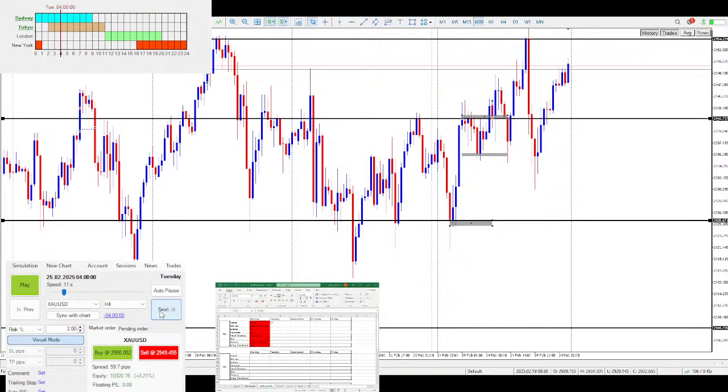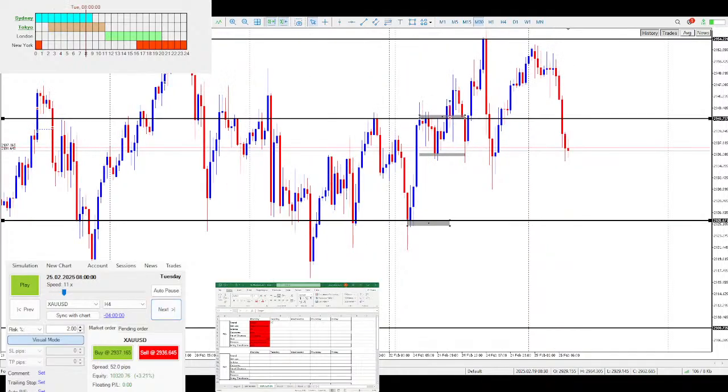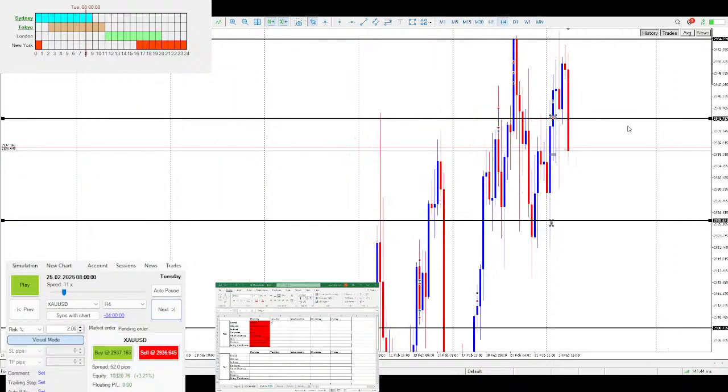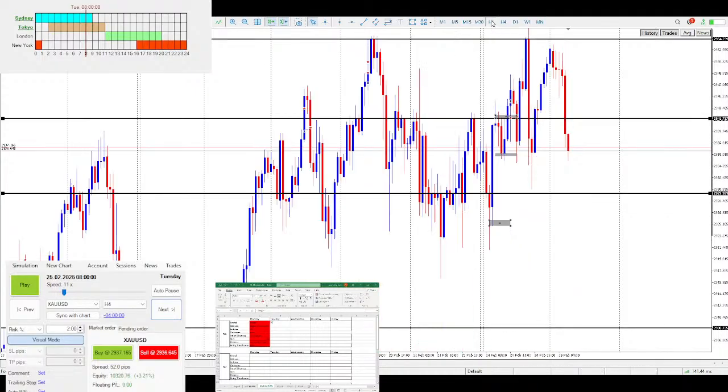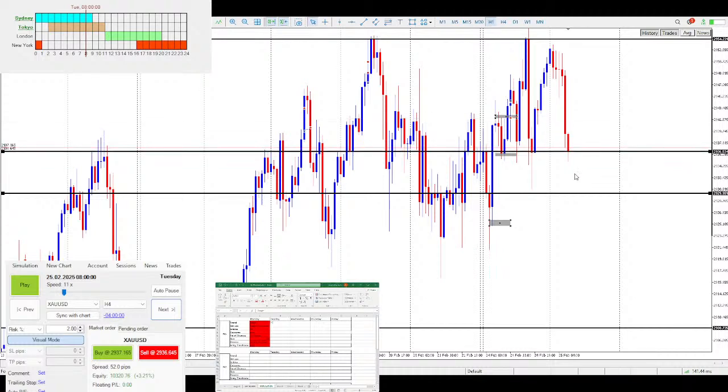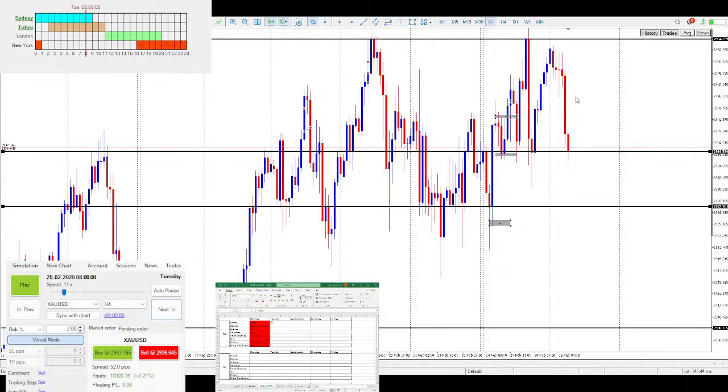I'm focusing only on the pre-London session. Now I've come to the markets for the pre-London session, and let's start with the 4-hour time frame. Price is still at this resistance here, and we have this support zone here. From there we go to the 1-hour time frame, where you can see there is a possible zone of support there, and we adjust this to there.